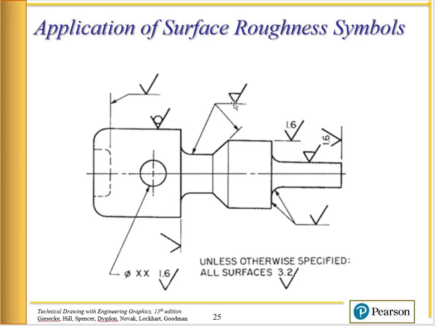This one is applied through a leader line, through an extension line, and this is a machining required. This has a specific value. The 1.6 here, that tells me this is in SI units, in millimeter units. That's because of the preferred sizes. 1.6 is a preferred size. We're going to talk about that in a little bit.